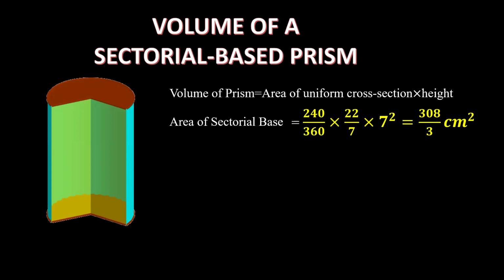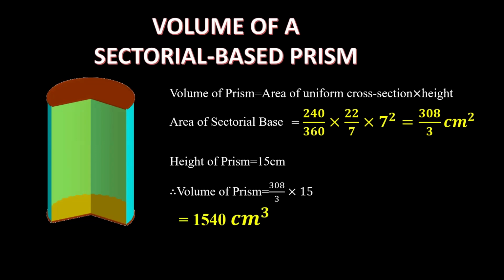We proceed to multiply this area by the height, and the height of this prism is 15 centimeters. So multiplying 308 over 3 by 15 gives us the volume of this prism, which is 1,540 cubic centimeters. So that is the volume of this sectorial-based prism.